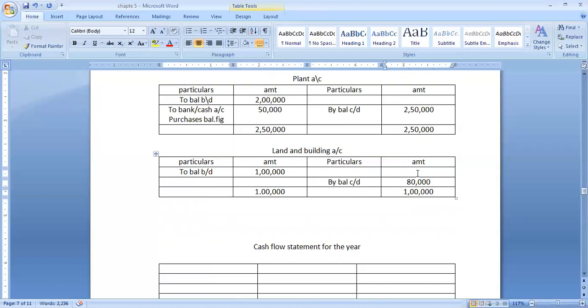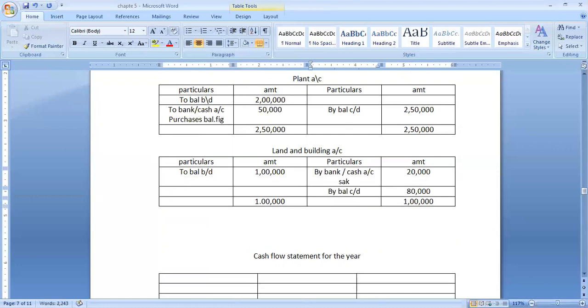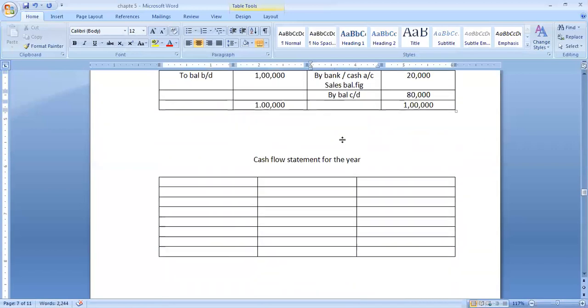So you got 20,000 as the difference. It is taken as sales by bank or cash account, which indicates the sales. It is the balancing figure. Okay. Got this plant and land and building account.